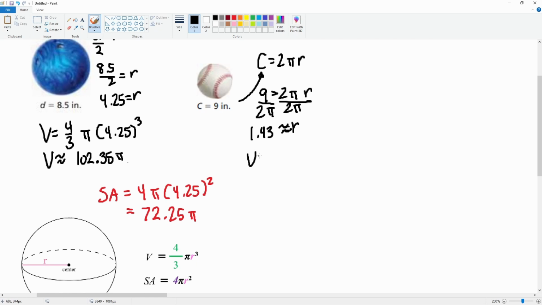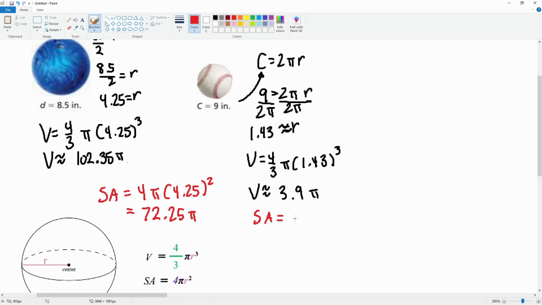Plug into the volume equation. 4/3 pi 1.43 to the third power. Leave it in terms of pi. And the volume is approximately 3.9 pi. Let's do the surface area.